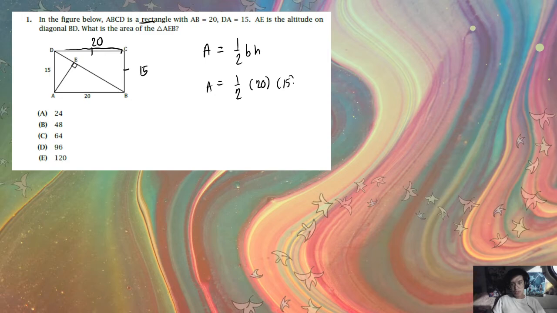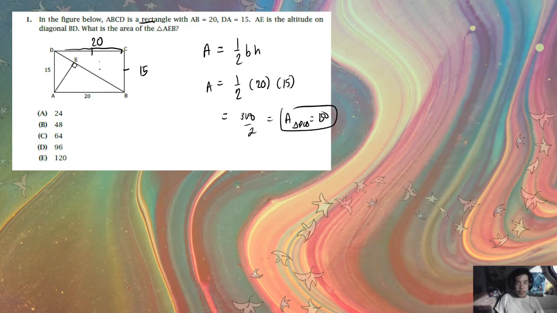That gives us 20 times 15, which is 300, divided by 2. So the area of triangle DCB is equal to 150.